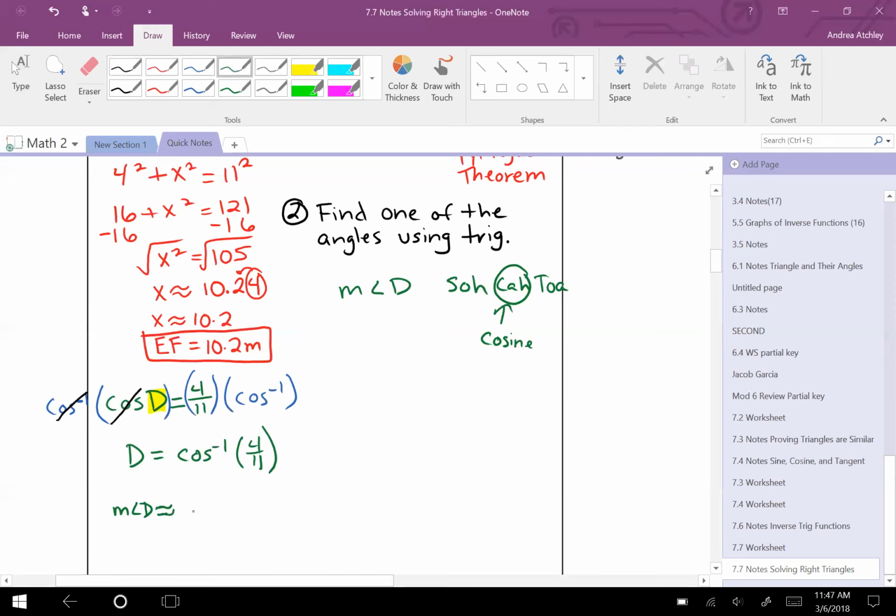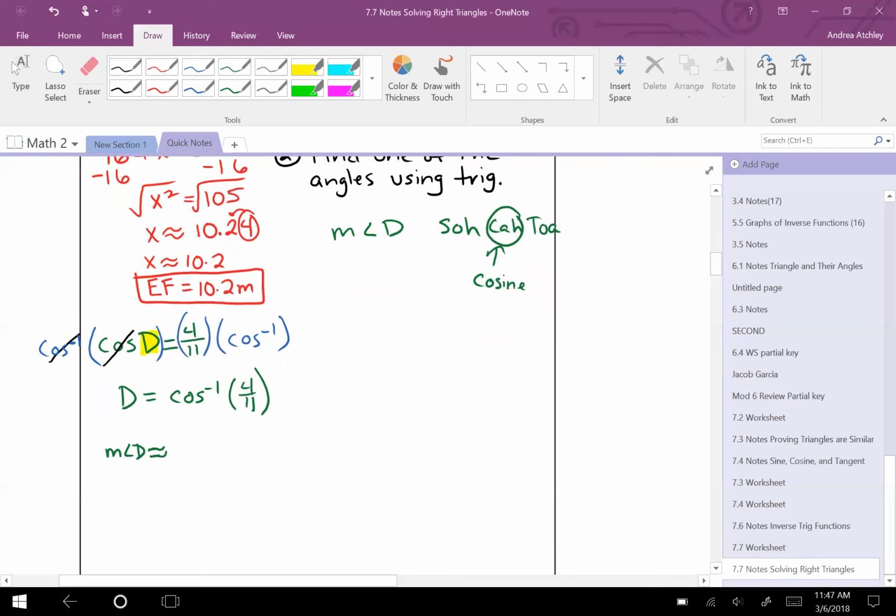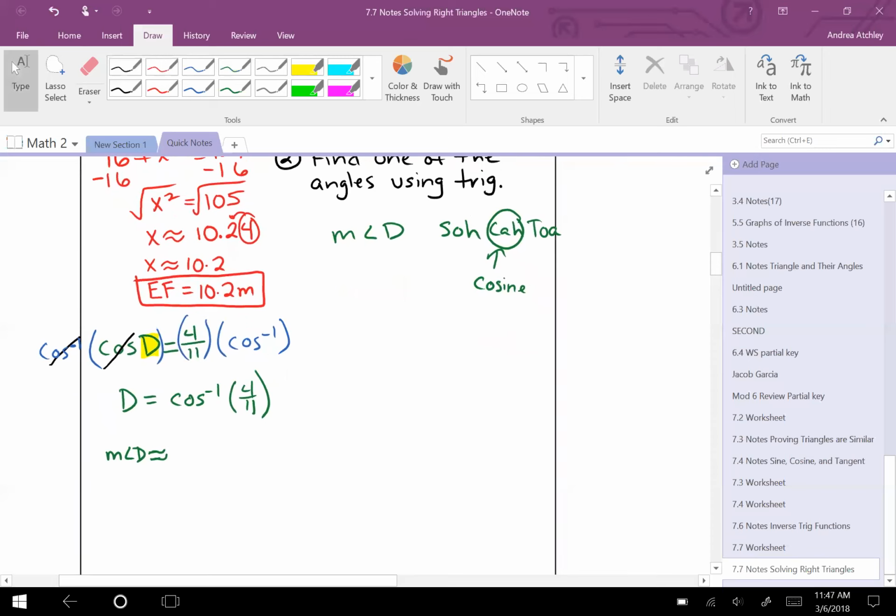Plug it in. Okay, you need to use the inverse cosine.